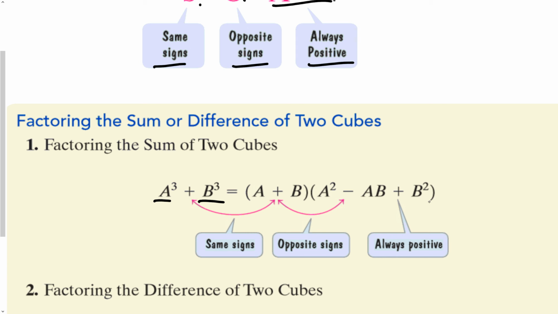The signs, however, are what the acronym can help me with. Same sign, opposite sign, always positive. There's three signs in every expression here. Notice that there's not a 2 there. Which means that this expression, a squared minus ab plus b squared, is never factorable further.